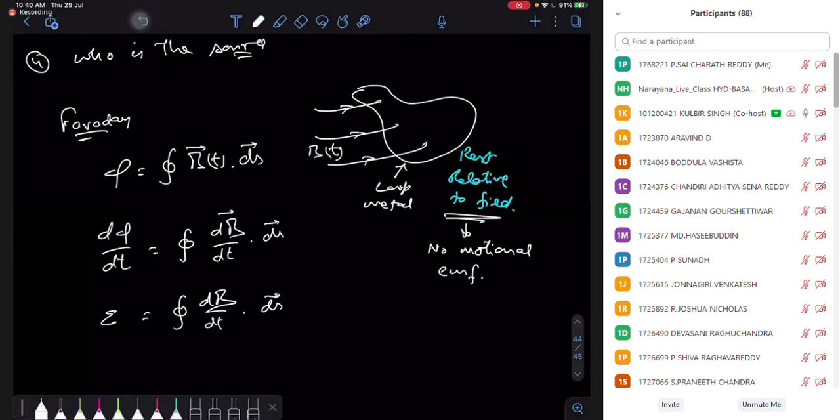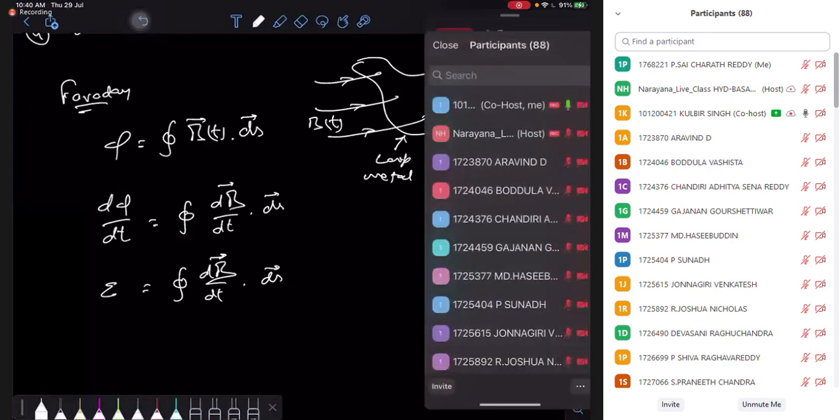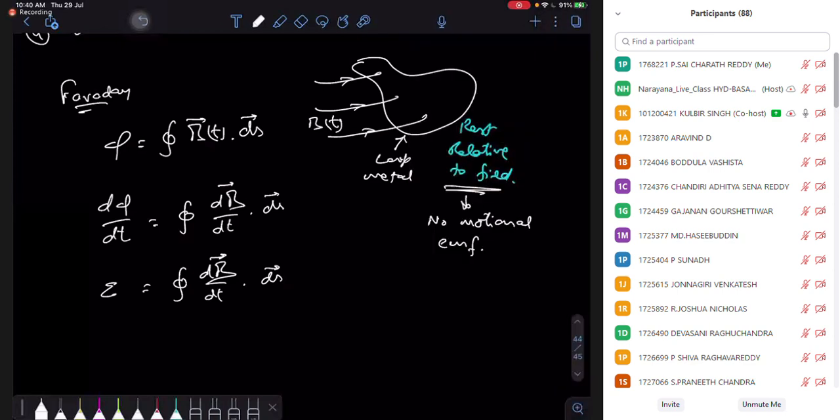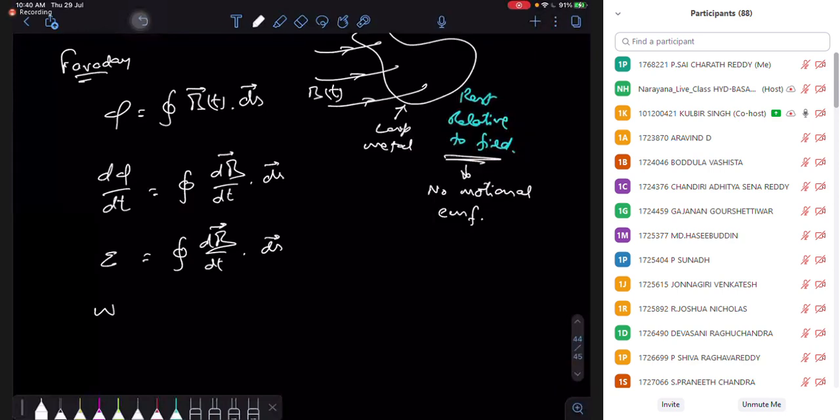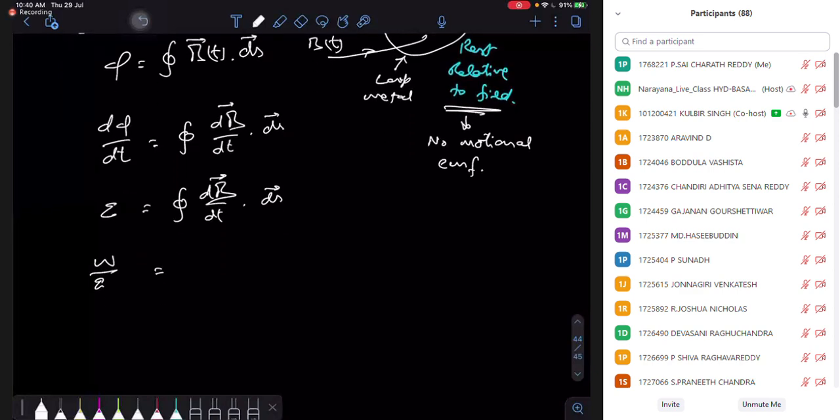And this EMF means work done by something. Yes, EMF is nothing but the work done by something per unit charge. So that something, let me call here E. There is some force, and the work done by the force here is over dl. We have taken dS for the area, so I'm taking dl for displacements.